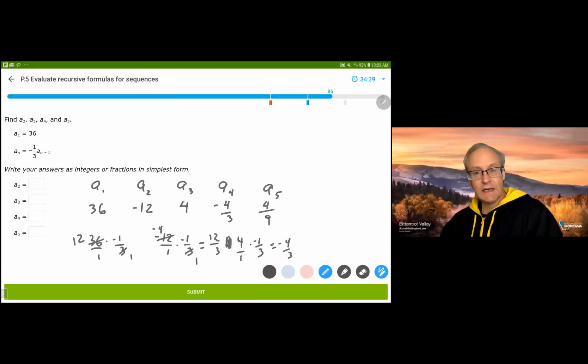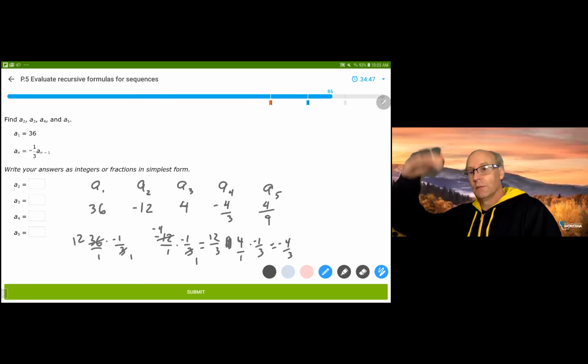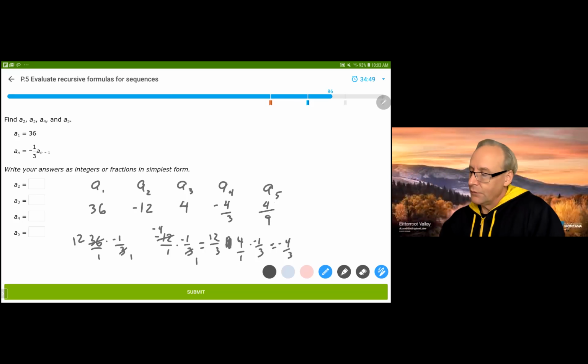Notice that it's alternating and it's going down in value. It's 1/3 and 1/3 and 1/3. We're never going to quite get to 0, but we're going to alternate. And the graph of this thing, if you were to look at it, we would start at A1, which is 36, and then it would come down to 12.